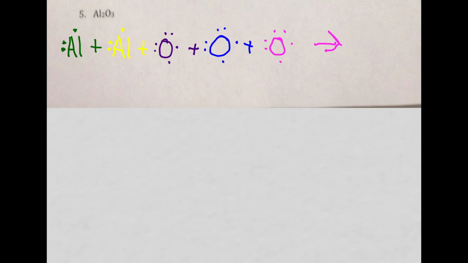We take them off the first one and put them onto the second one. So oxygen will keep its 6.